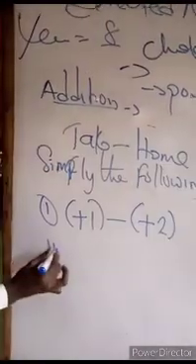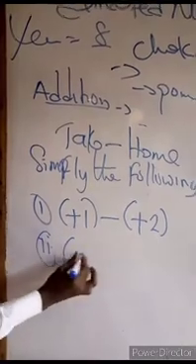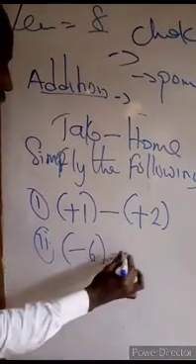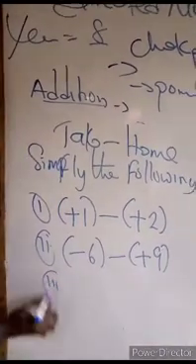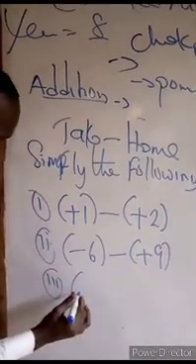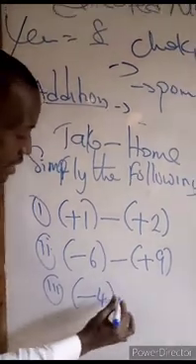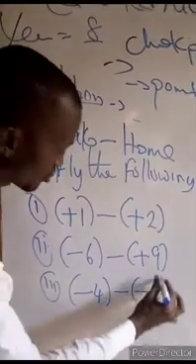Number 2, we have bracket minus 6, bracket plus 9. Then number 3, we have bracket minus 4, bracket minus 2.